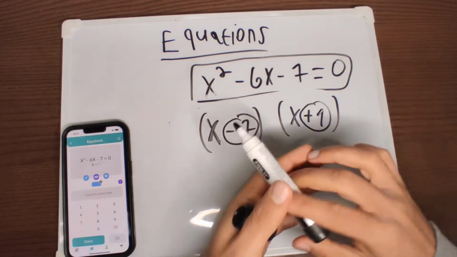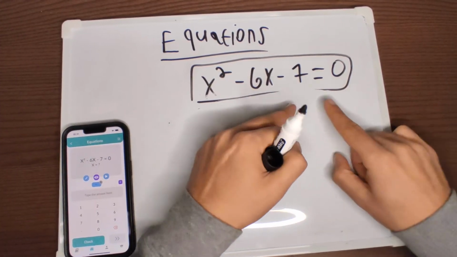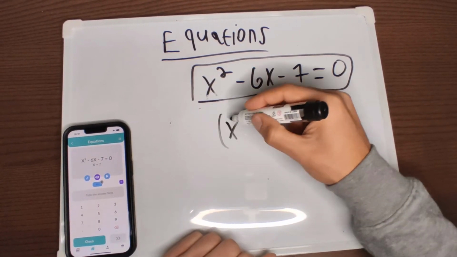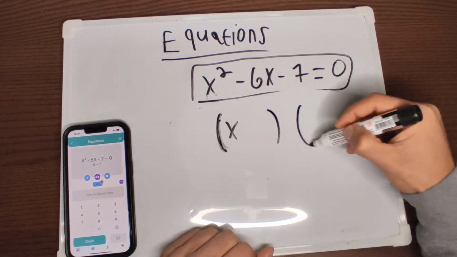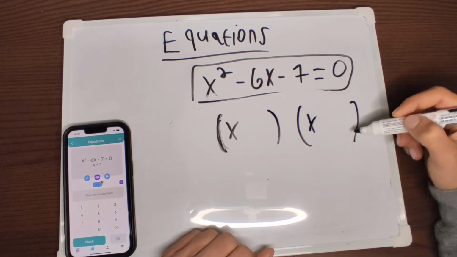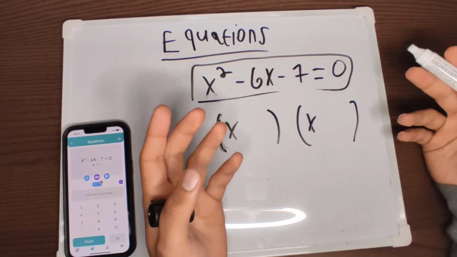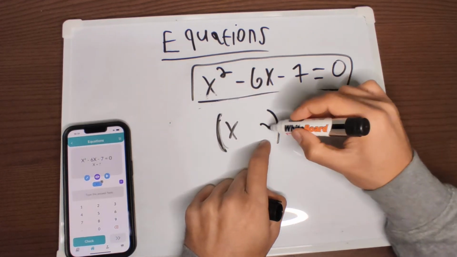So when we can see only this equation, which we should solve, then we already know that there will be here an x, and there will be here also an x, and then we can't know what to put here. This is our problem. We must figure it out. So maybe 3 and 2.